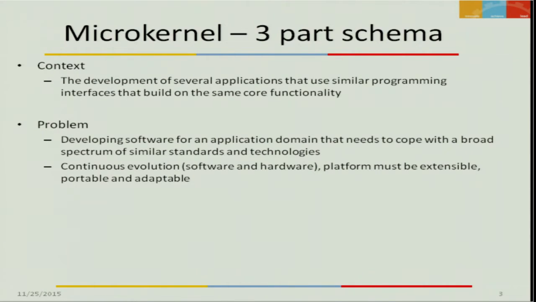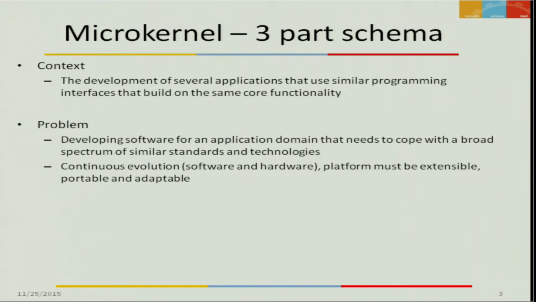What that means is, if you are building, let us say, a Unix kernel, it should be designed in such a way that it can support various types of applications and device drivers. At the same time, it should be portable across different types of hardware, as long as that hardware belongs to the same family.